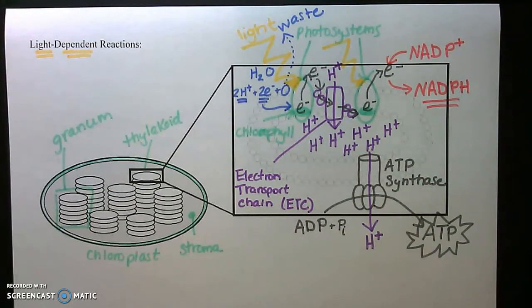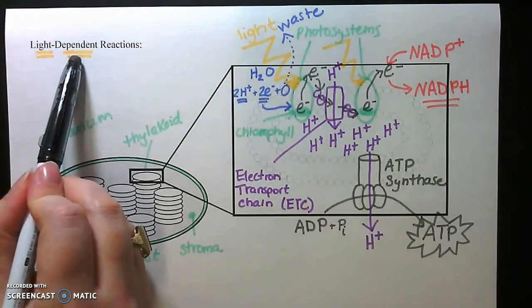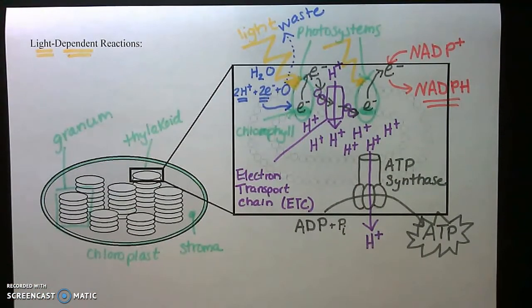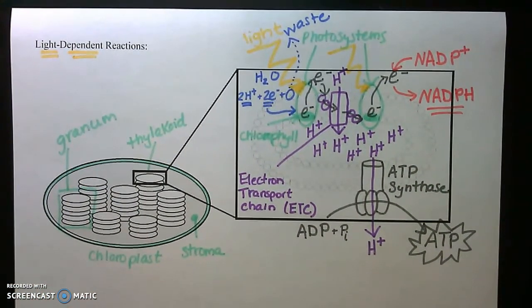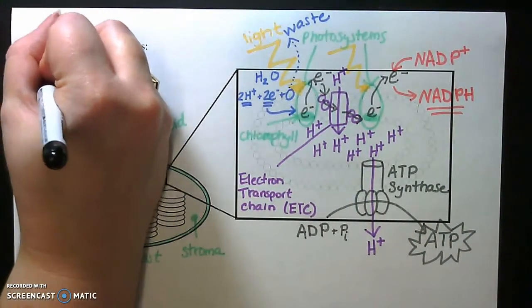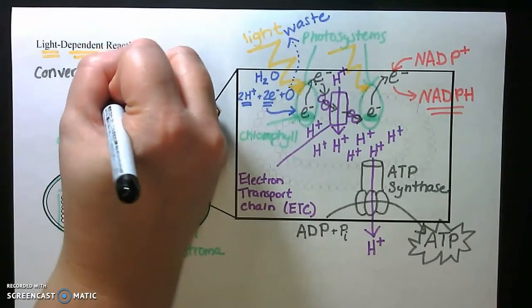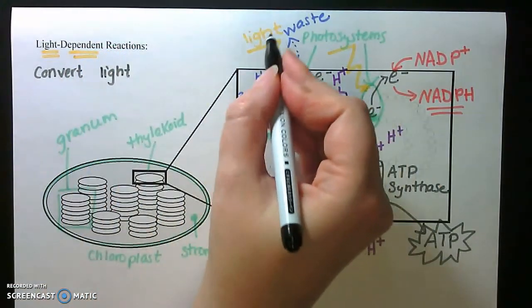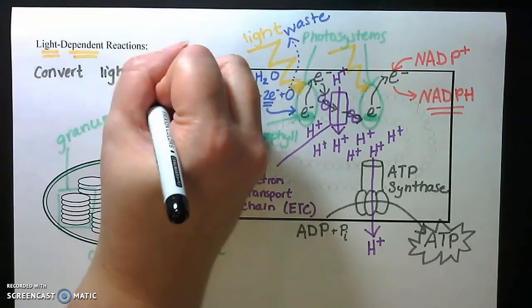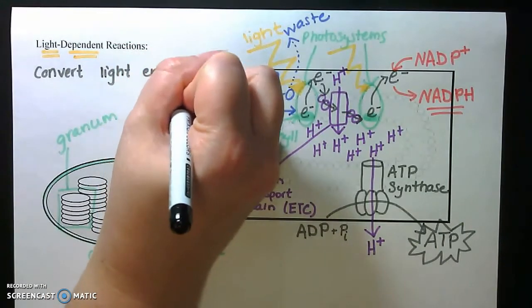So again, this process is powered by light. That's why it's called light-dependent reactions. And you'll notice that what we have done and why this process is important is we have actually used it to convert light energy, right? We're starting with energy in the form of light. And what do we get in the end?